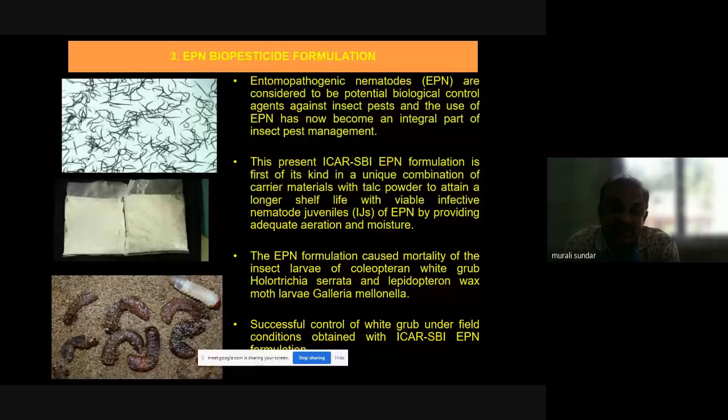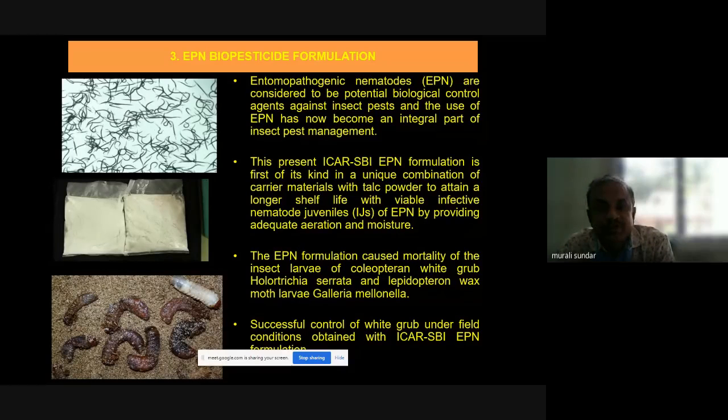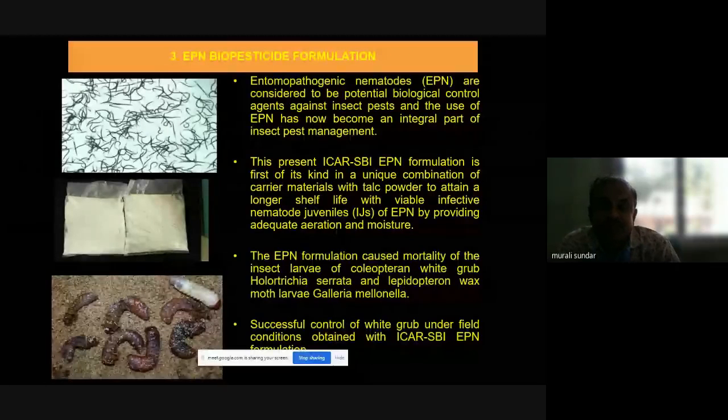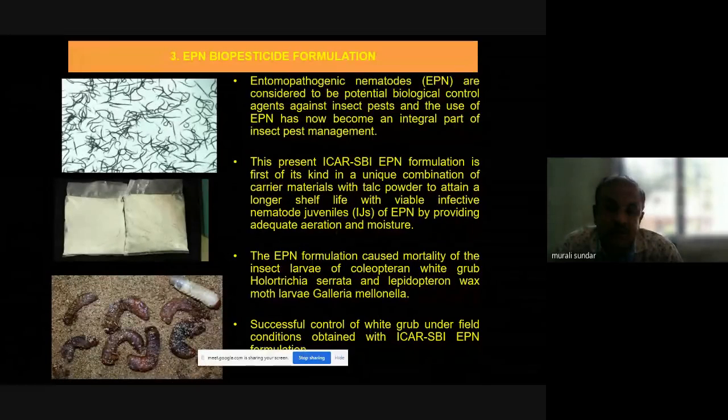So this is a very successful, potential technology for agripreneurship, and the advantage is this EPN solution can be used for many crops, because white grub, a polyphagous pest, is very common in all crops. So it can be effectively used to control the pest in a biological way.